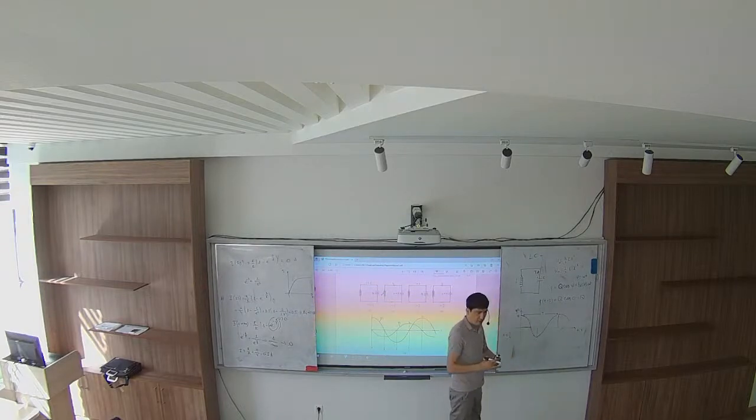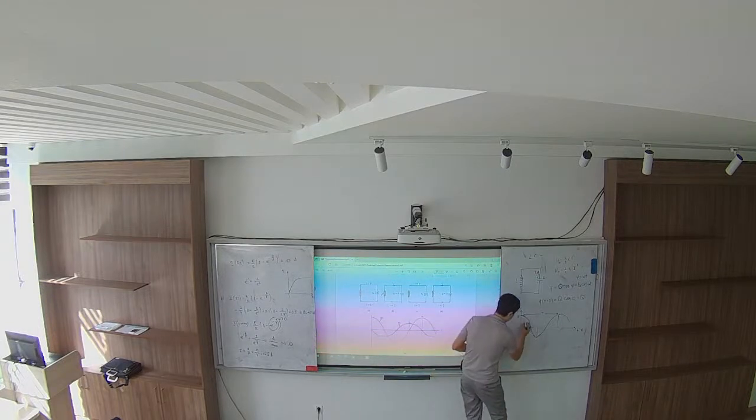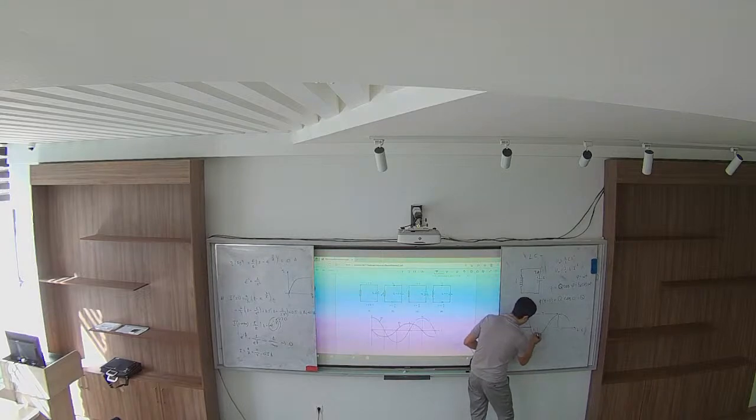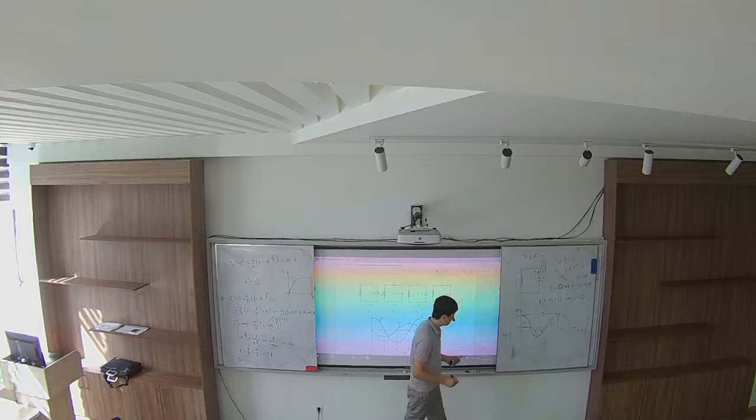So how many 1/4s? 4. So overall we have T: T over 4, T over 4, T over 4, and T over 4.